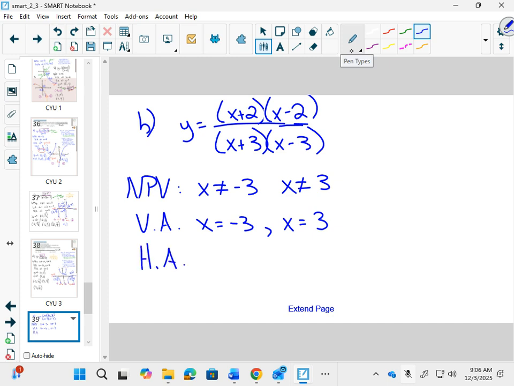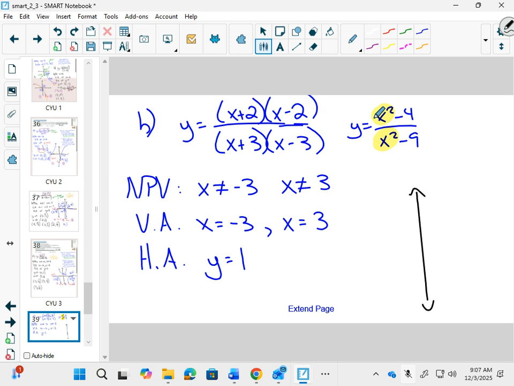This is a situation where you have the same power on the top and the bottom. So I'm going to rewrite my equation here. The original one was this, right? And my highest power, or my highest degree, is an x squared with the exponent of 2. So my horizontal asymptote is just going to look at 1x squared divided by 1x squared. That simplifies to 1. That's my horizontal asymptote.